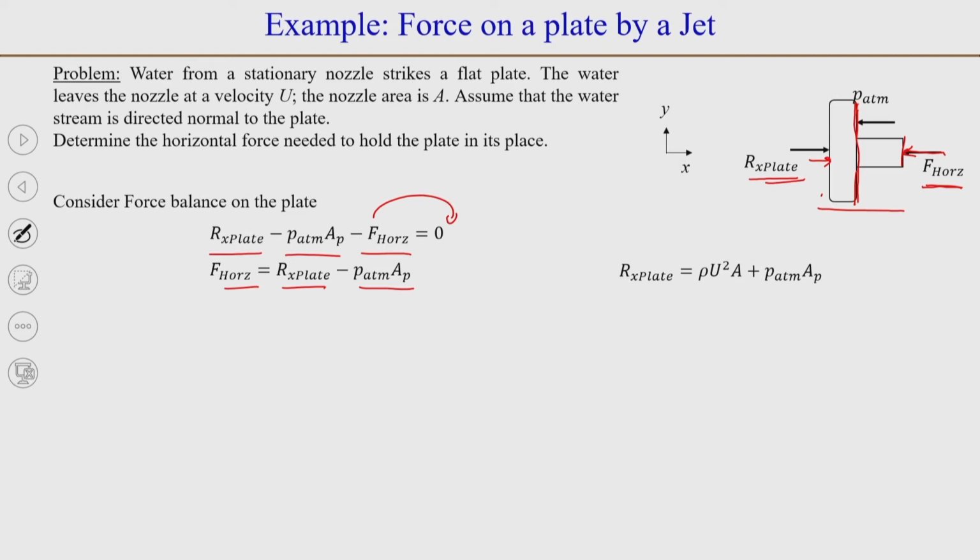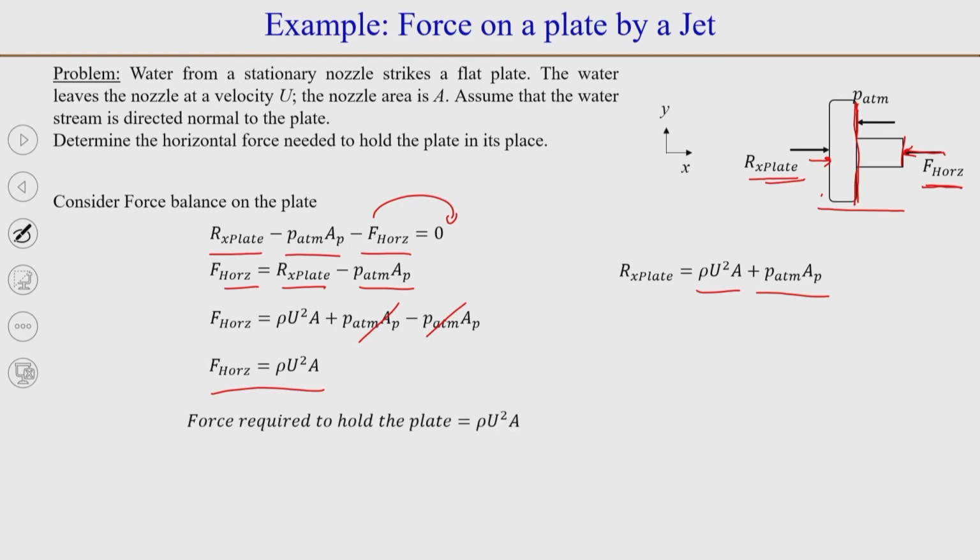Rx plate is equal to rho u squared A plus P atmospheric A P, and we can substitute this here. P atmospheric A P will cancel out, and we get F horizontal is equal to rho u squared A. So, we are able to find the horizontal force that is required to hold the plate stationary.